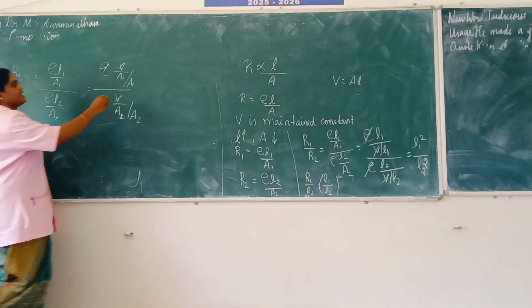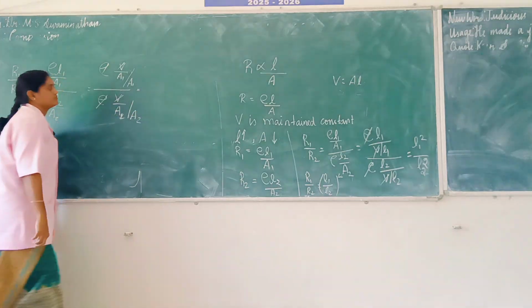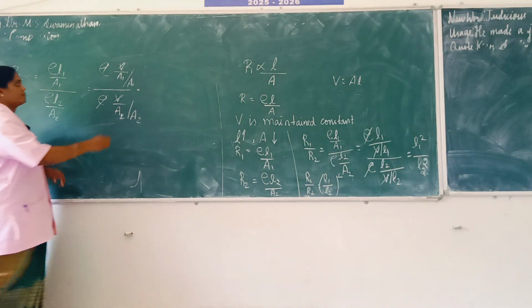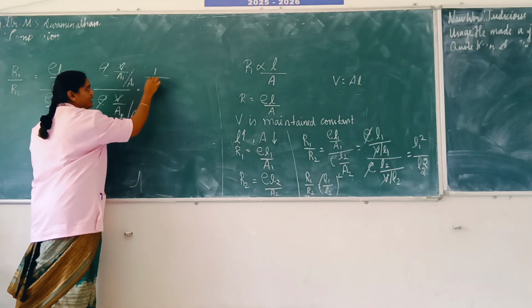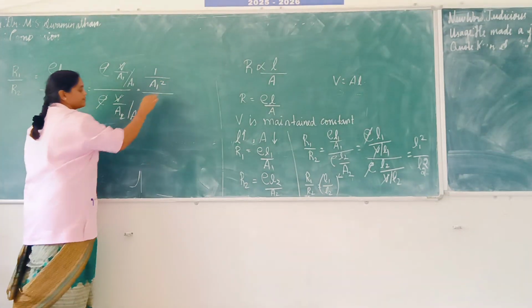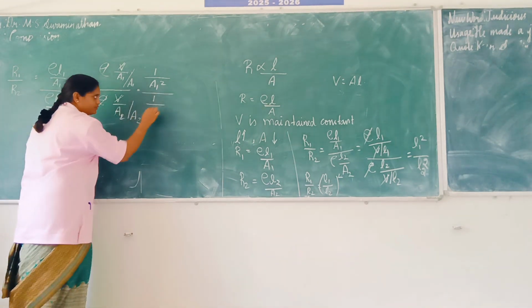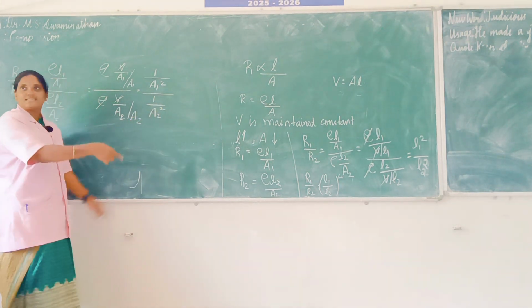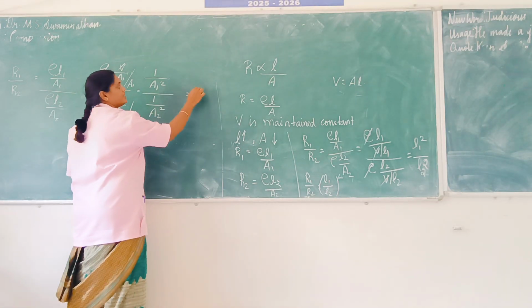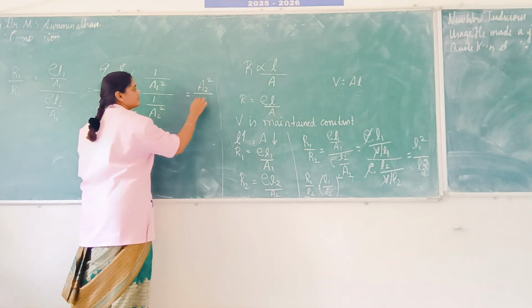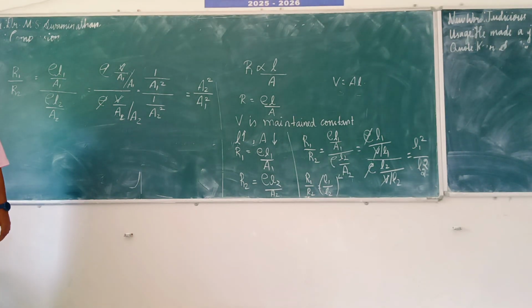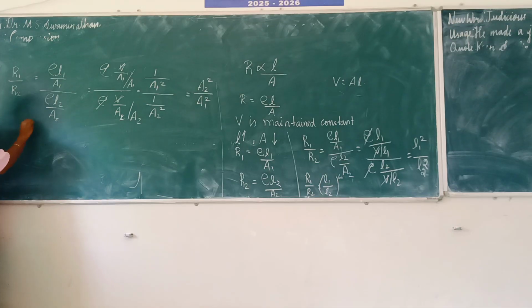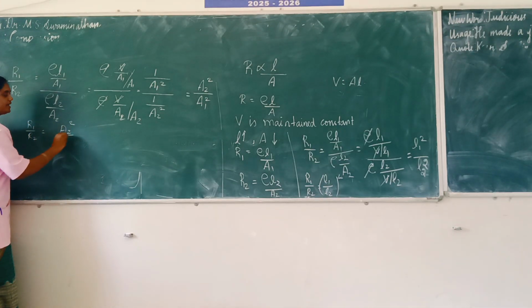This becomes 1 by A1 squared into A2 squared, so R1 by R2 equals A2 squared by A1 squared.